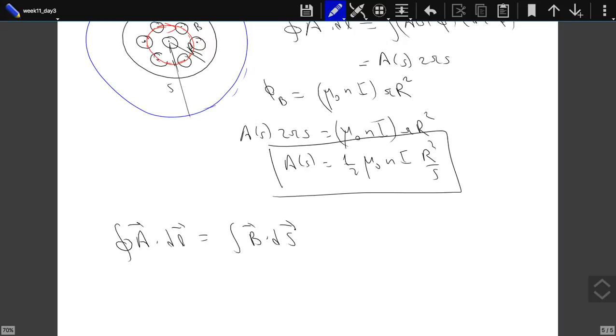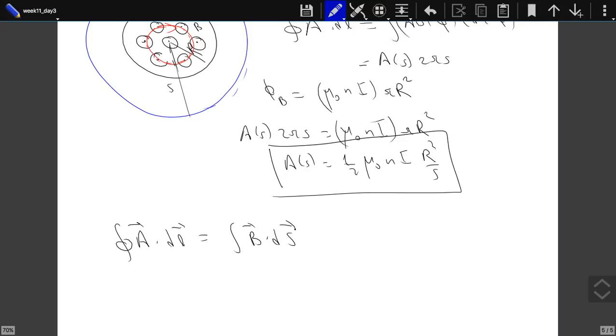Well, you are free to choose the direction of dl. If you change the direction of dl, that automatically causes a change in the direction of ds. So the relation still holds no matter which direction you choose for dl. It's your choice. Any direction is fine.